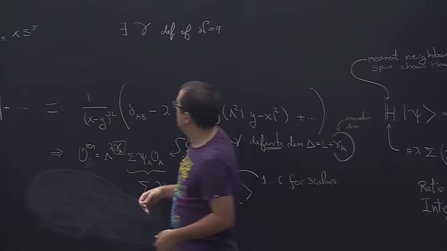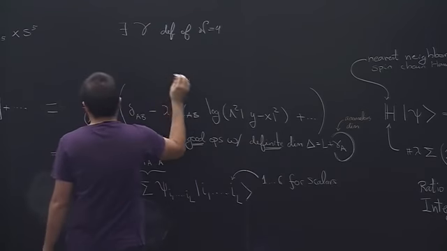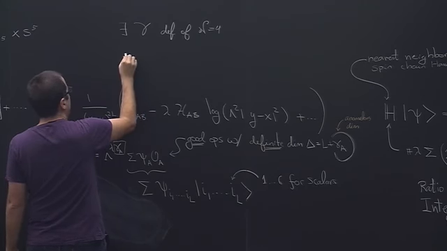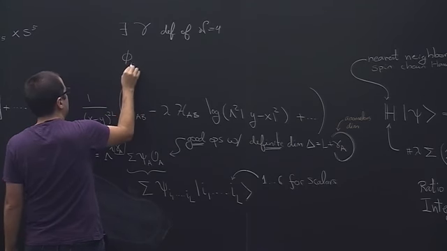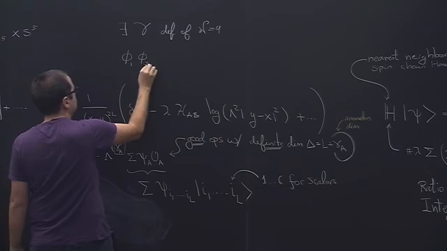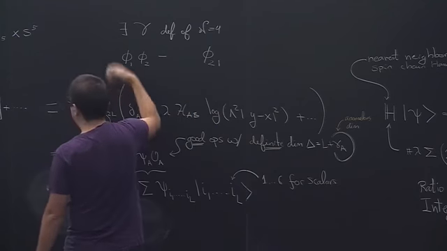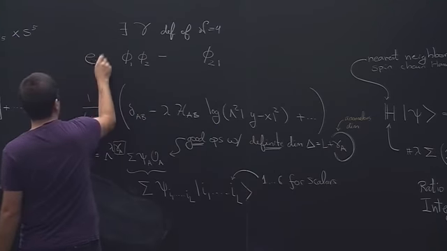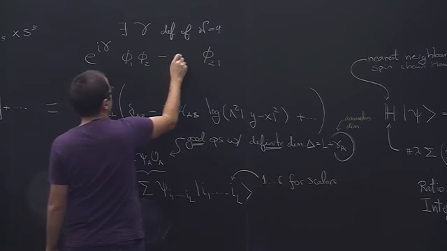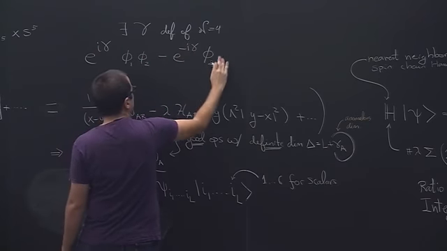A minor thing. This deformation, however, if you think a little bit about what it does, if you start analyzing, for example, it does things of the sort that what was before a commutator of scalars, for example, phi 1, phi 2 minus phi 2, phi 1. Now, after you twist and you introduce these parameters, you get stuff like e to the i gamma, e to the minus i gamma.